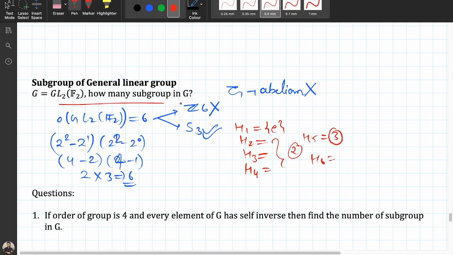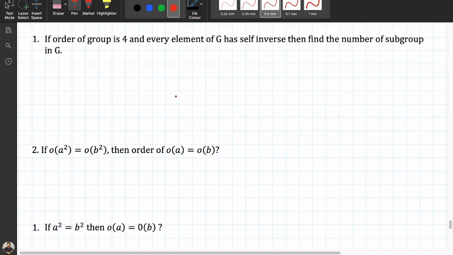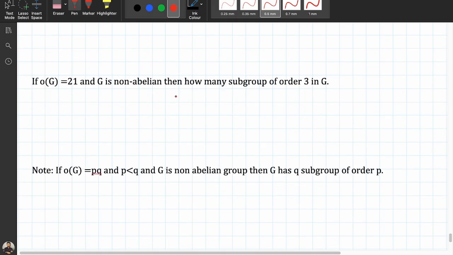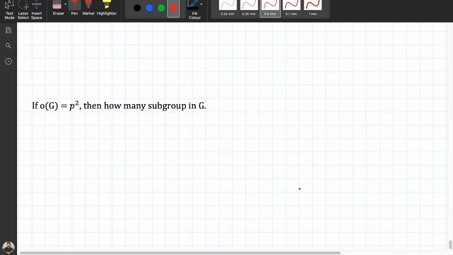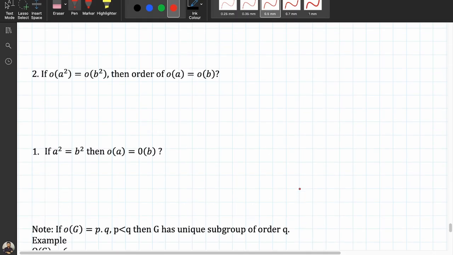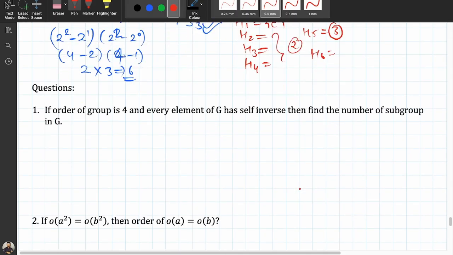So a total of 6 subgroups are there. In this way you can find many things here. Now we have some questions that we will also discuss. First question: if the order of the group is like this.